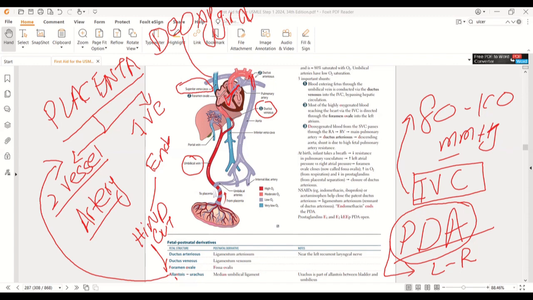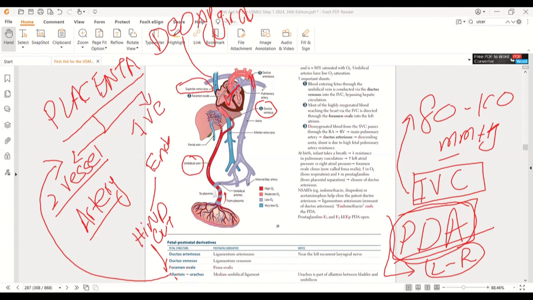But if there is any pathology, this ductus arteriosus does not close. So what happens? It leads to the pathology known as PDA, patent ductus arteriosus. Initially the shunt is left to right, because the descending aorta has a high pressure and the pulmonary trunk has a low pressure, so there is no cyanosis.